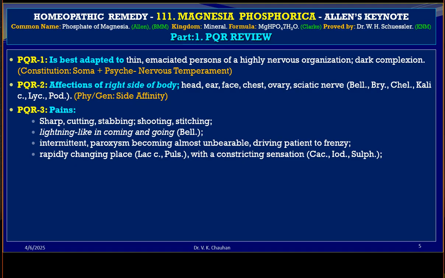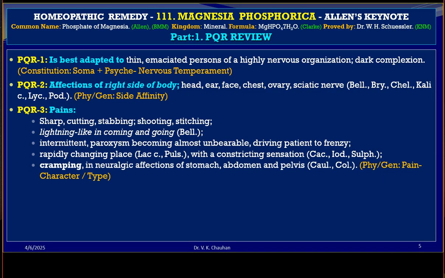There is no inflammation like gingivitis. That's why this pain can shift very rapidly, and it can only be possible if it is a neuralgic pain. Now, shifting pains are seen in Lac caninum and pulsatilla also. If the pain has a concomitant constricting sensation, please think about cactus, iodium, and sulfur.